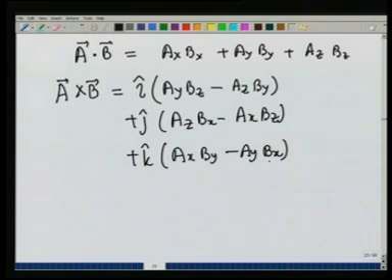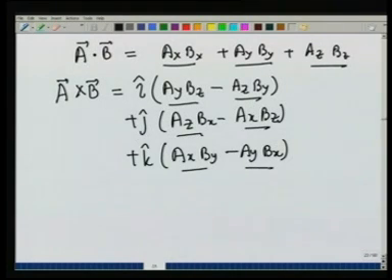But as I showed you on the last slide, there are all possible products which are being taken here, but why do we take them in this particular combination? Why do I define this to be a scalar product? Why do I define this to be a vector product is the question that I want to address now, so that we get a better understanding as to why the products of these two vectors are defined in such a manner.